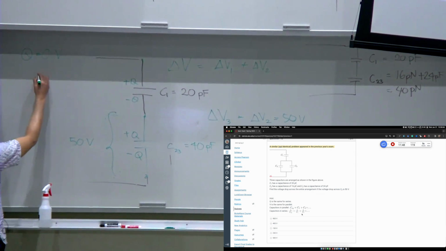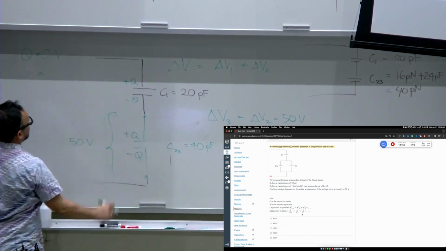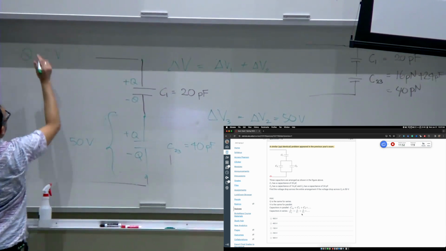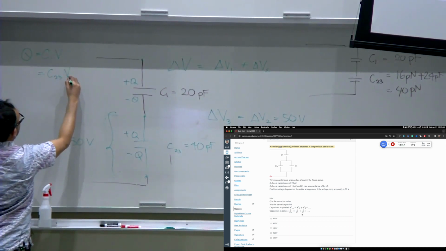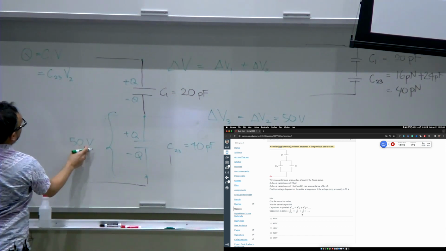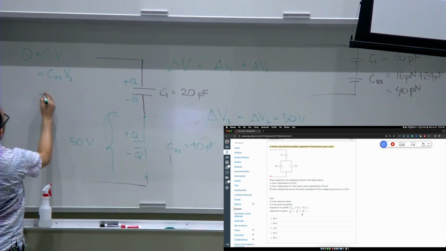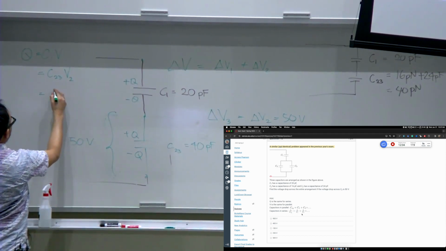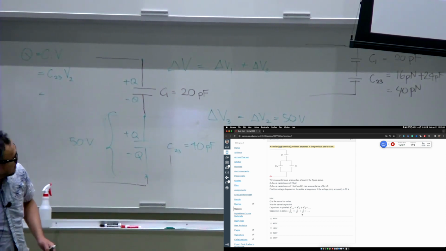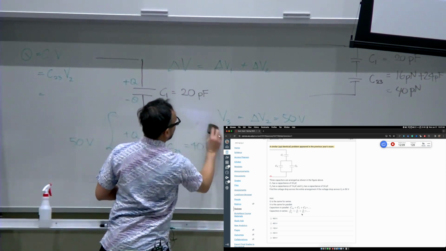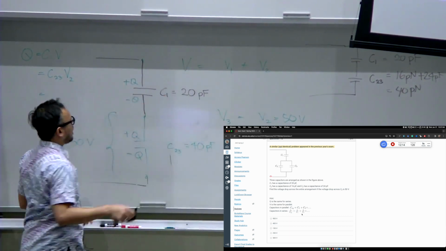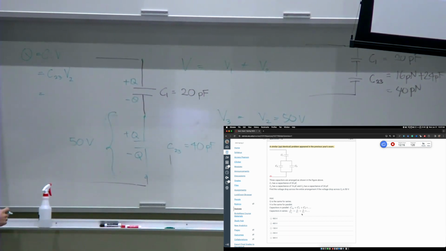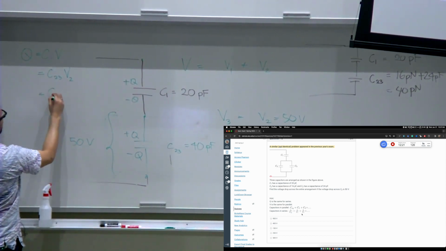For capacitors in series, this is equal to C23 times V, and also equal to C23 times V2 and C1 times V1.